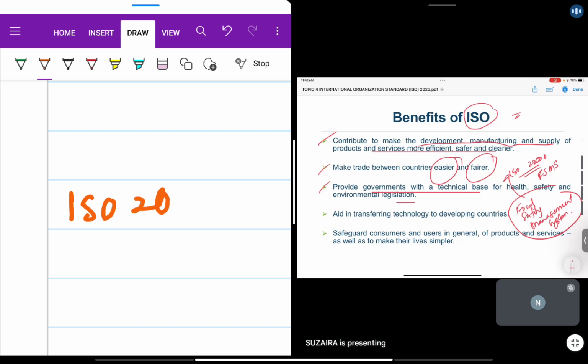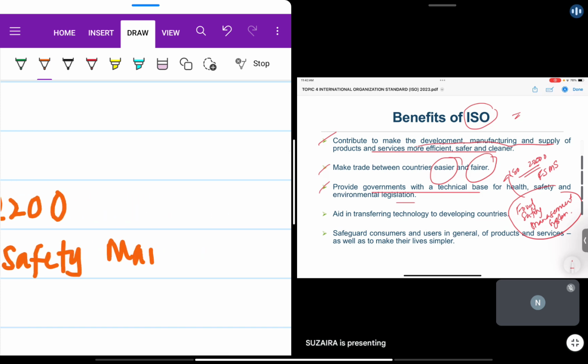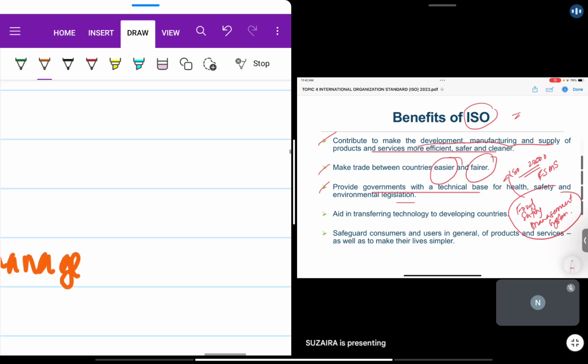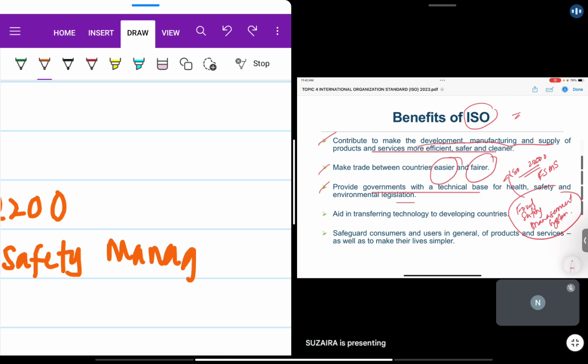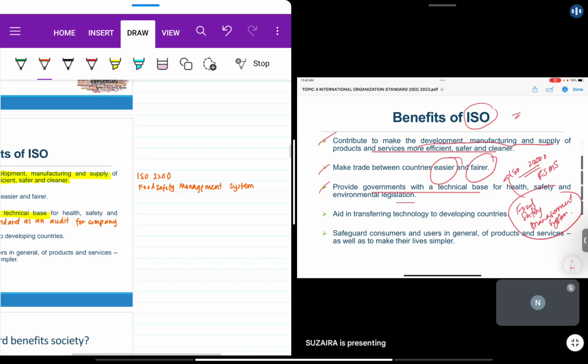So we can use this as a reference to know whether the company complies with the standard or not. It's like a certification body, like HACCP, like GMP. We have the internal audit and also the external audit. The government can use it, or other agencies like the private sector can also use it, like consultants who cover food safety management.